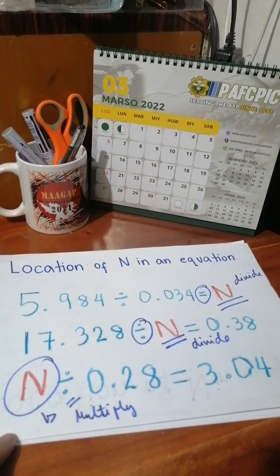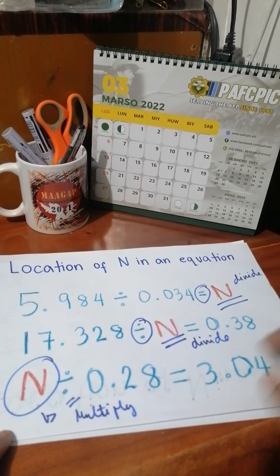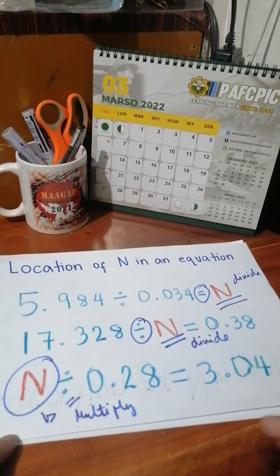Okay? So, this one is not only true para sa division of decimals. Magagamit mo rin to na technique para sa dividing whole numbers at fractions. Ganun pa rin yung process niya. Kapag nagfa-find ka ng value of n, yung location ng n kailangan mong malaman.